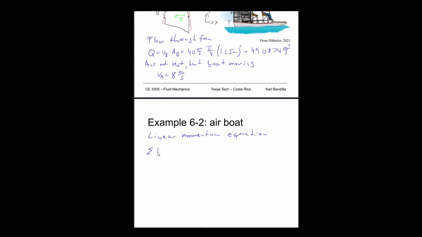So we'll have the sum of forces, which is a vector, is equal to d/dt of the integral over the control volume of the velocity times density, which is a vector, times the change in the volume, plus the integral over the control surfaces of the velocity times the density times the velocity dotted with the area.